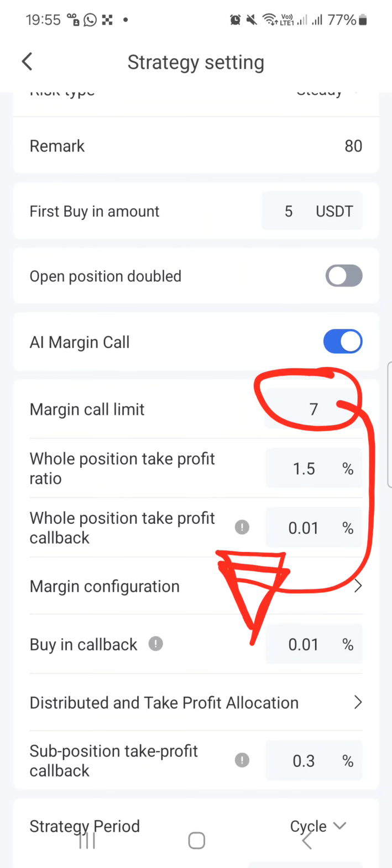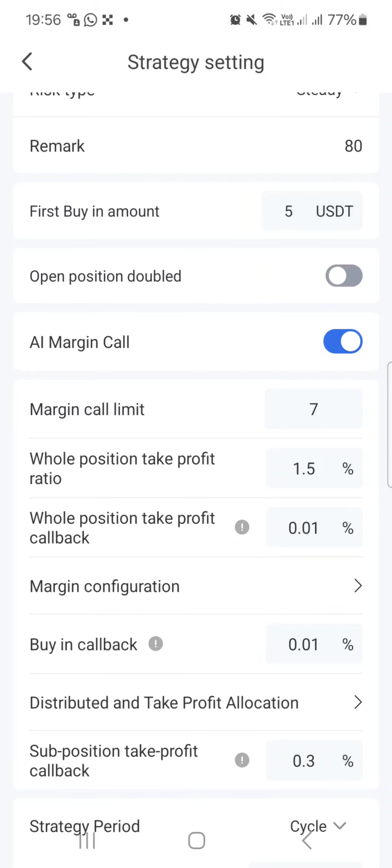This is going to be the amount of times you're going to configure your 7 calls. You're going to configure them here, in the margin configuration, where you're going to divide your capital, manage your capital. It's in that section. So this we have done.